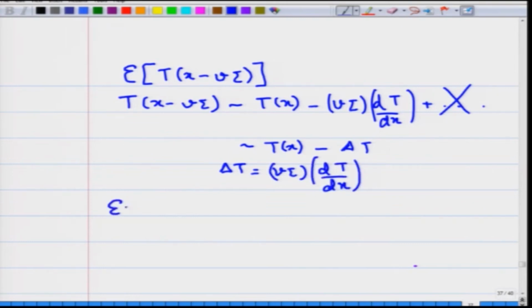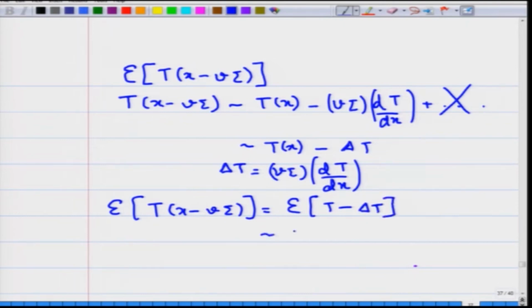And so, the energy at T of x minus V times tau is nothing else but the energy at T minus delta T, and this again I can Taylor series expand: energy at point T minus delta T into dE by dT. Again, this is a Taylor series expansion where I am going to neglect all the higher order corrections.